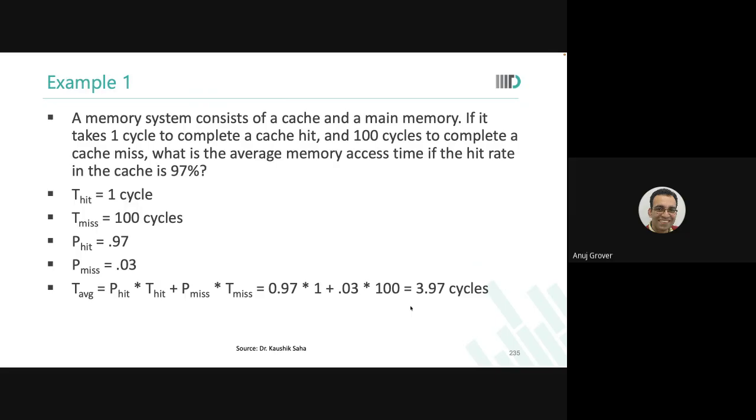बट सपोज आई कुड से दैट P hit for L1 is 0.97, let us say, and T hit is 1 cycle.